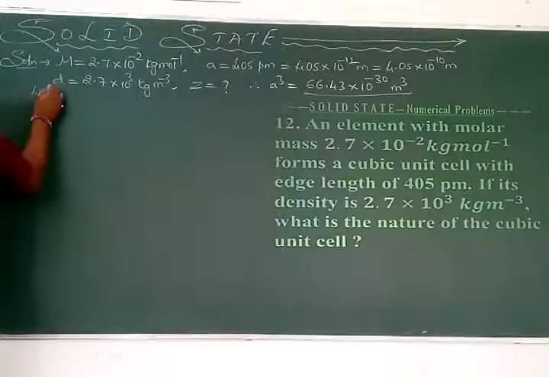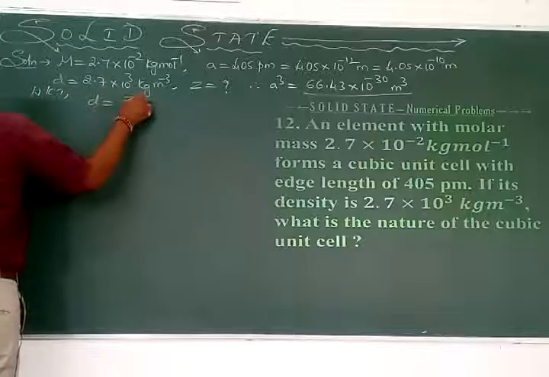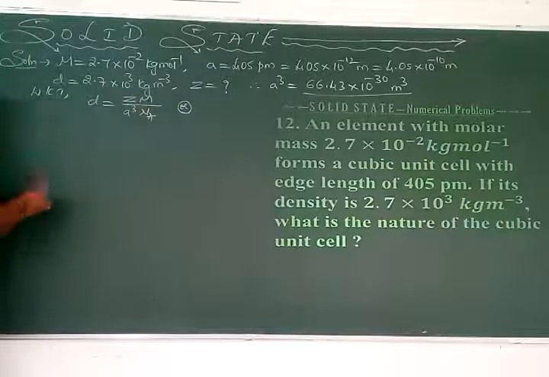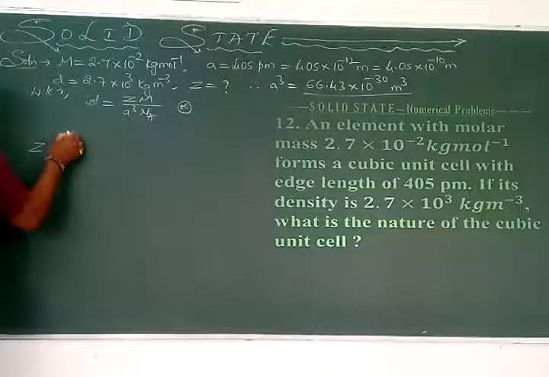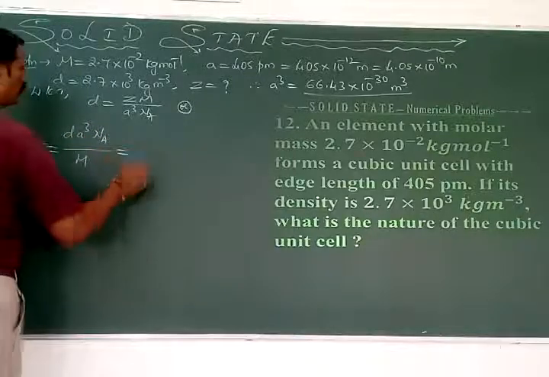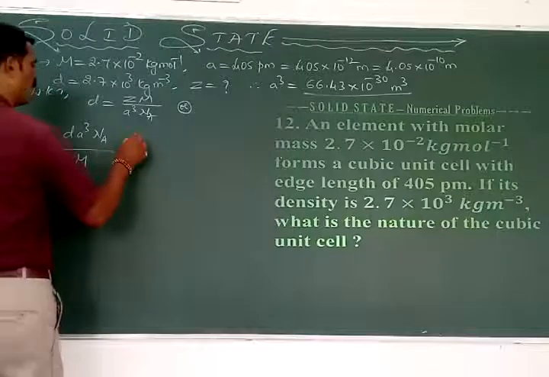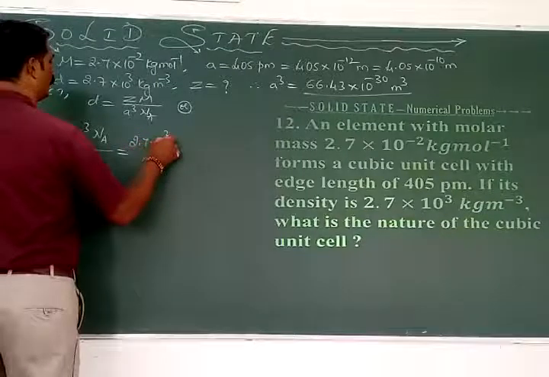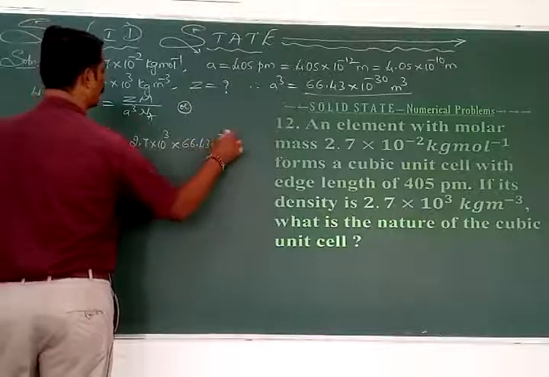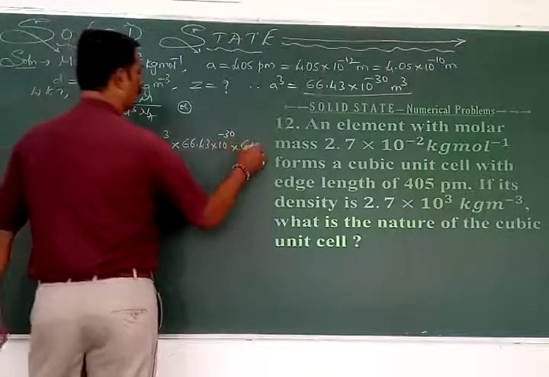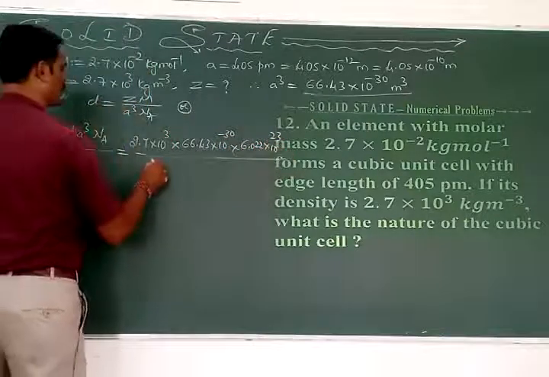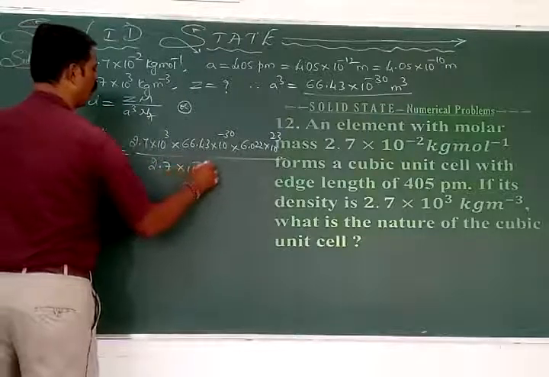We know that density d is equal to Z M by a cube times N_A. I need the value of Z here. So Z is equal to d a cube N_A divided by M. The density is 2.7 × 10^3, a cube is 66.43 × 10^-30, the Avogadro number is 6.022 × 10^23, divided by the molar mass 2.7 × 10^-2.